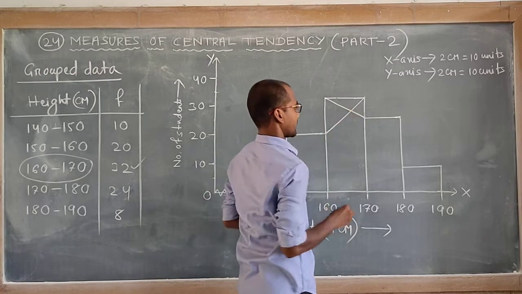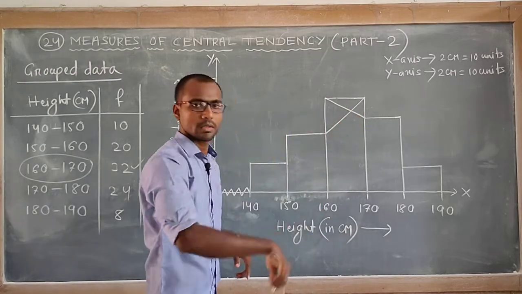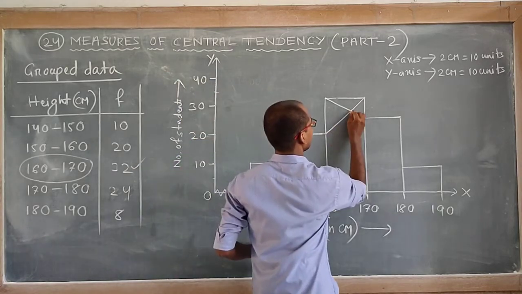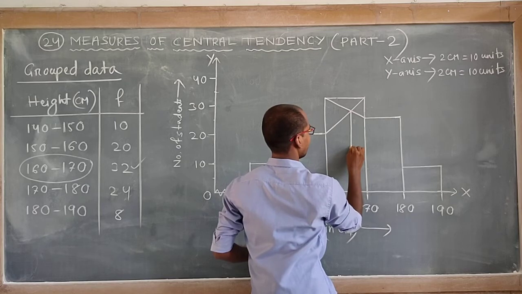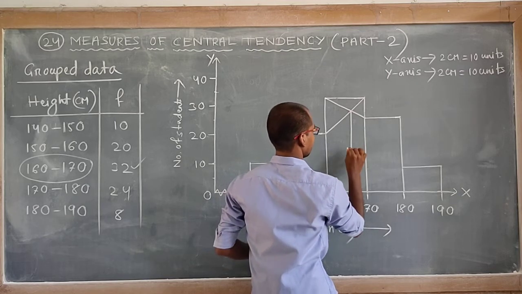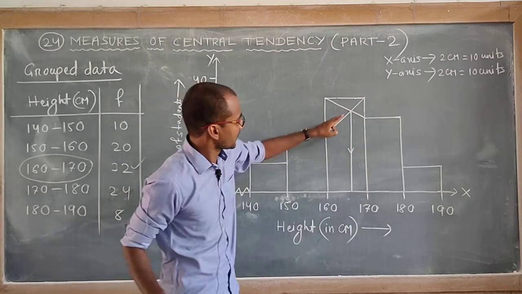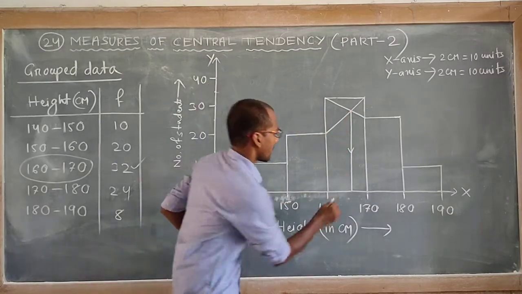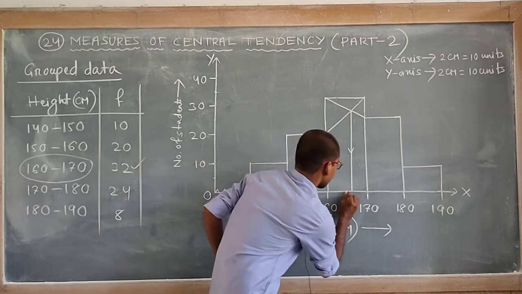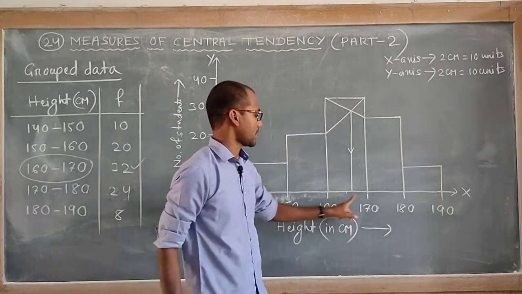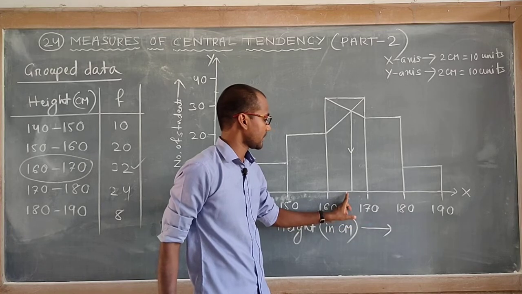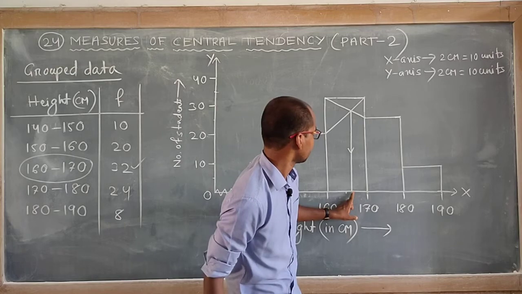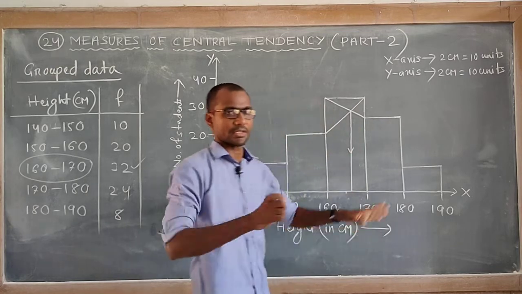From this point of intersection, draw a perpendicular on the x-axis. Now find its value. It will be approximately, this is 160, this is 170, this is 165. So I think this will be 167. Let us take 167.